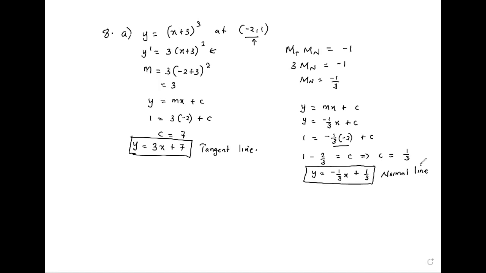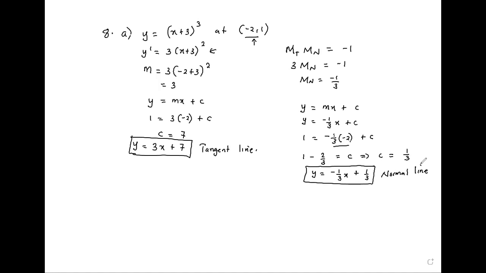So we have found the tangent, we have found the normal line. What else? Graph the function, the tangent, and the normal lines. So after having the equations, we need to graph the function.